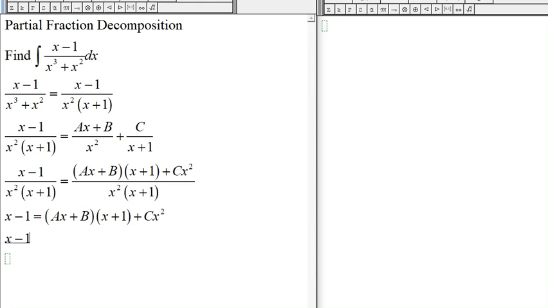So this would be x minus 1. Ax times x is Ax squared. Ax times 1 is Ax. And then B times x is Bx. And then B times 1 is B. And then plus Cx squared.